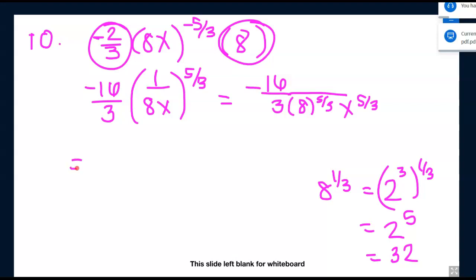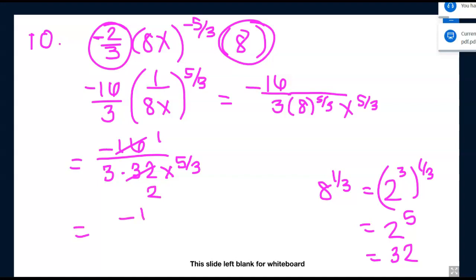So we end up with negative 16 over 3 times 32 x to the 5/3. Well, 16 and 32 both divide by 16. So you get 1/2. So you get negative 1. 3 times 2 is 6 x to the 5/3.